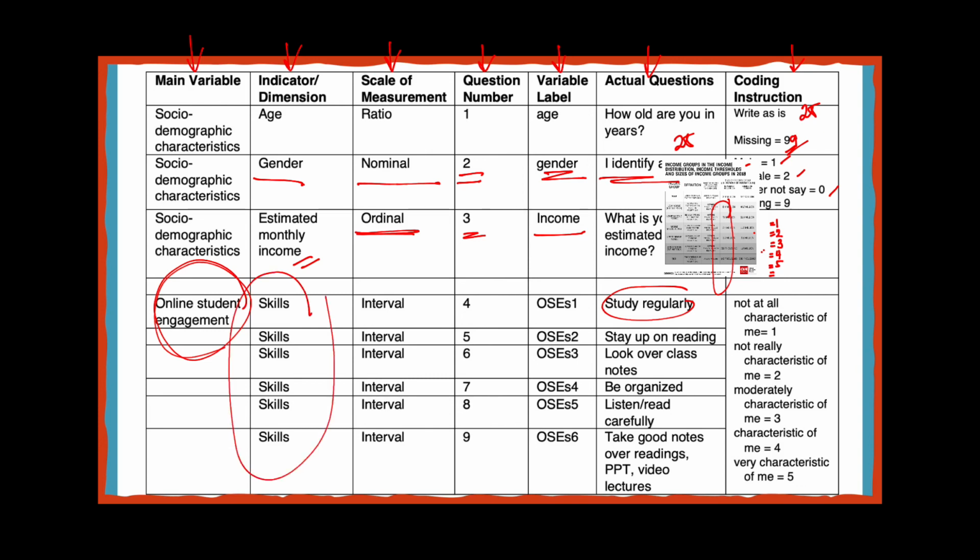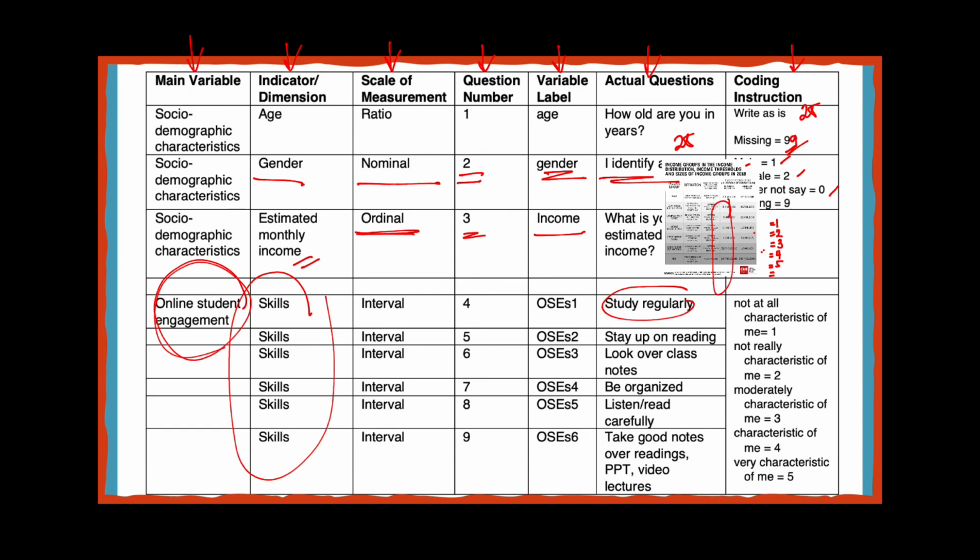So unlike age, wherein you can only ask one question, some variables, especially the main variables, have more than one question in order to measure that variable. So these are either the reflective or formative variables, no?